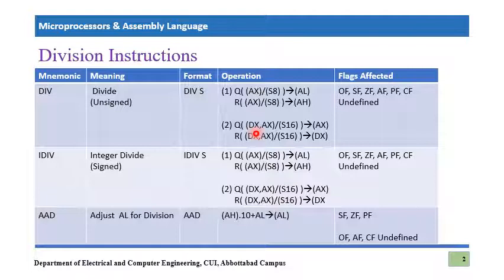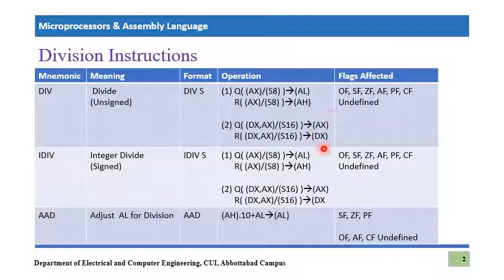One can also say that there will be two words, one word stored in DX and another word stored in AX. Combined, it is a 32-bit number, and it is going to be divided by this 16-bit source operand. Again it is a division, and we will have two different answers, the quotient and the remainder. The quotient will go to AX and the remainder will go to DX.